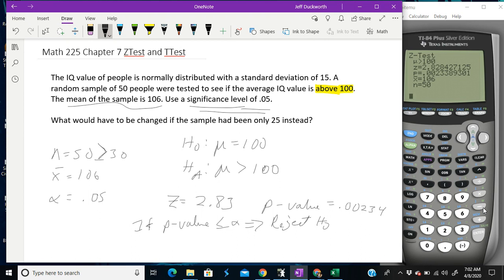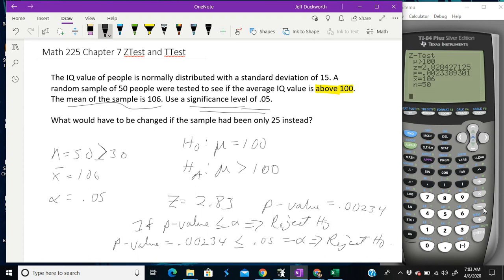So here, our p-value equals 0.00234. That is less than or equal to 0.05, which is alpha. So we reject H0. And that is a one-tailed test using quantitative data and a large sample of 30 or more.